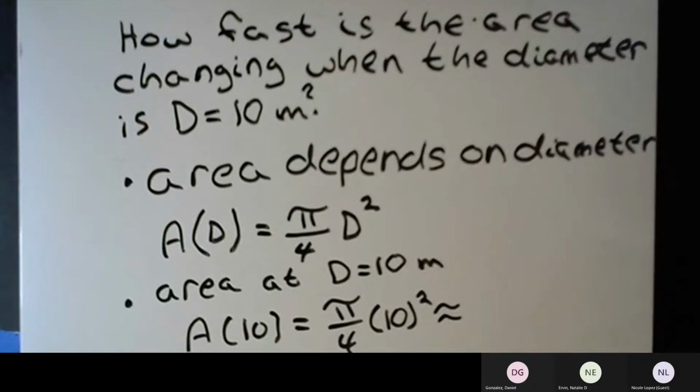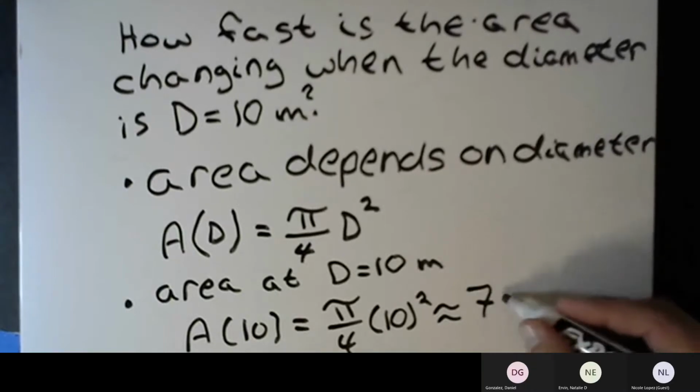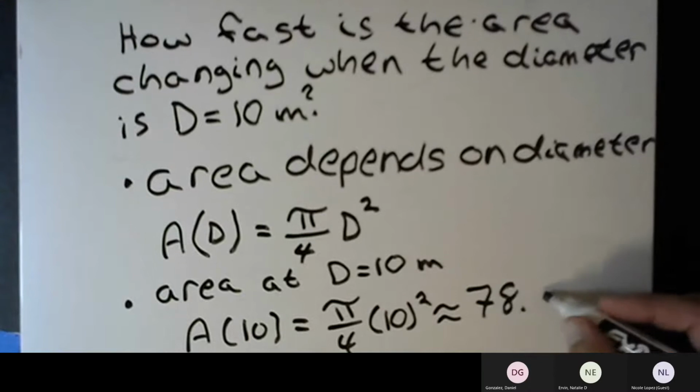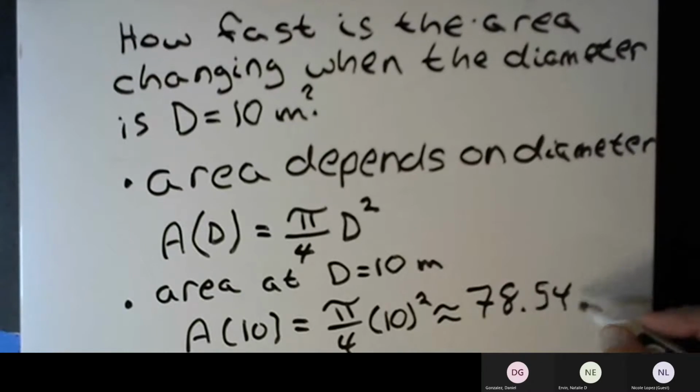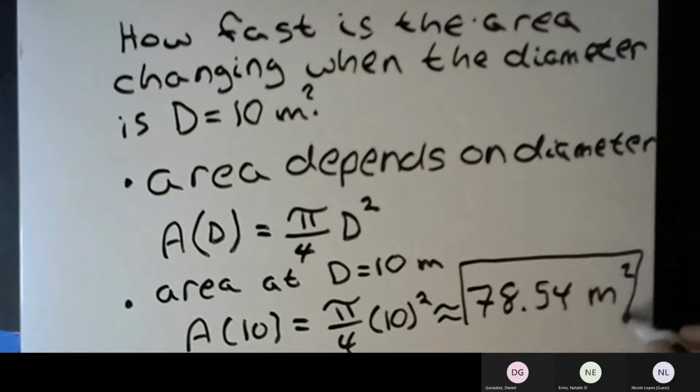And this will round out to about, grab a calculator real quick, about 78.54 meters squared. Now that's just an area.